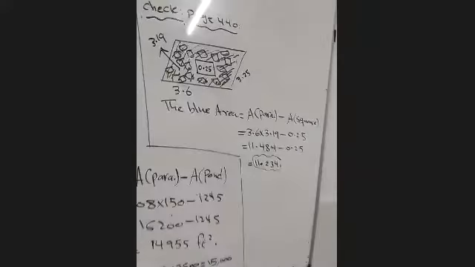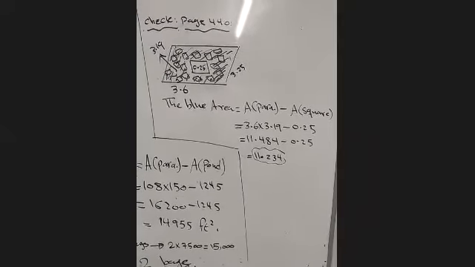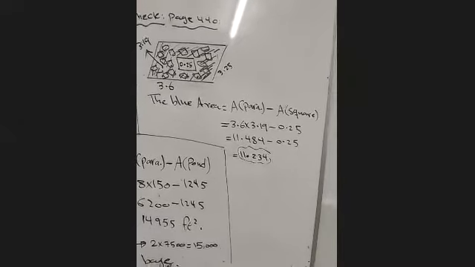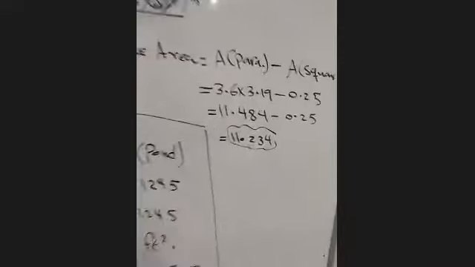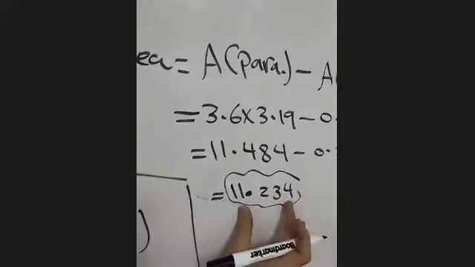We need to know how many tiles. So we will divide 11.234 by 0.0625. Excellent.